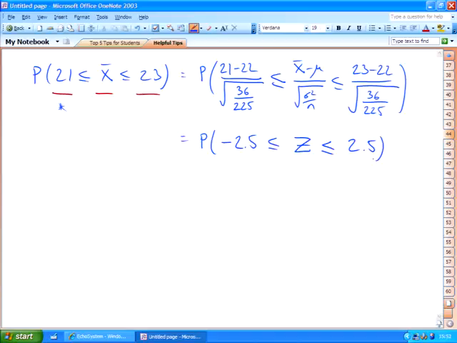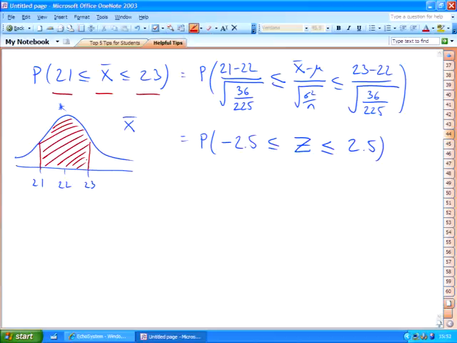So what graphically do I want to work out? Well, let's take a normal distribution here. Assume that this is in the x bar world. So it's centered on a mean of 22. Let's say here's my 21 and here's my 23. I want to obtain this particular area here. So I'm between 21 and 23, so it's all of this area here.